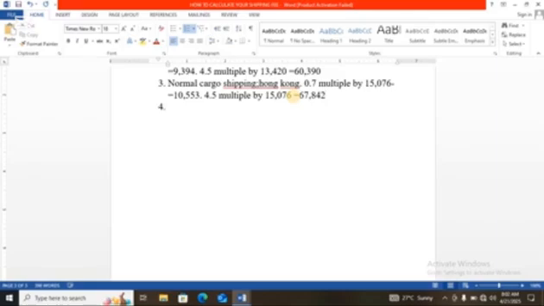Now let's say we want to use sea shipping. One thing you should know is that we cannot use kg to calculate sea shipping.